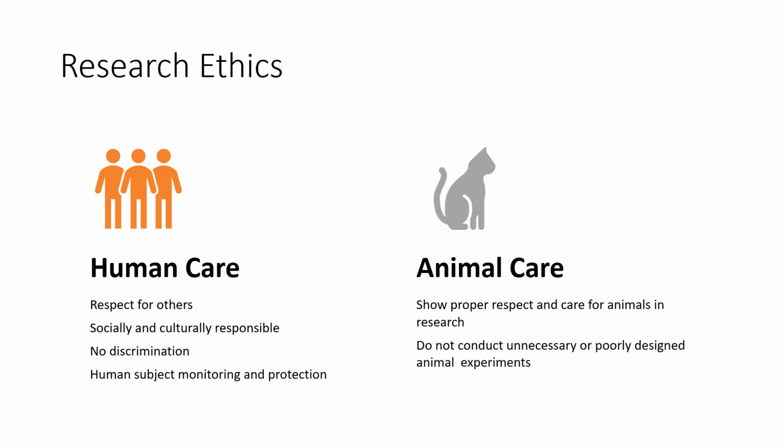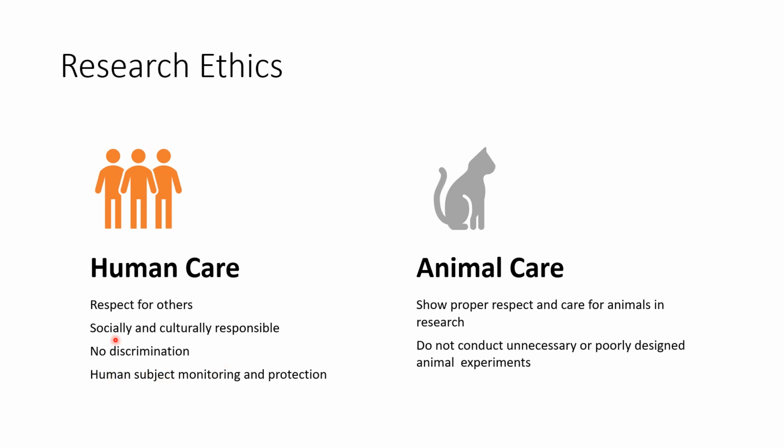Now, when it comes to human and animal research, you have to be very careful. Respect others. If you are doing experiments or research that includes human health, you have to monitor and protect the human subject. Make sure that if it requires certain license or agreement from the government or the health sector, you obtain this.